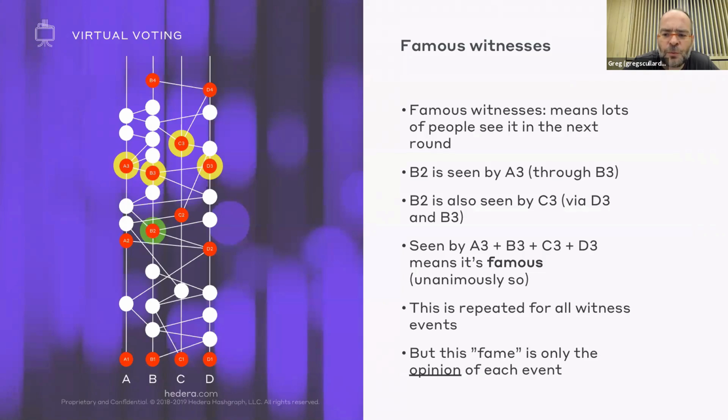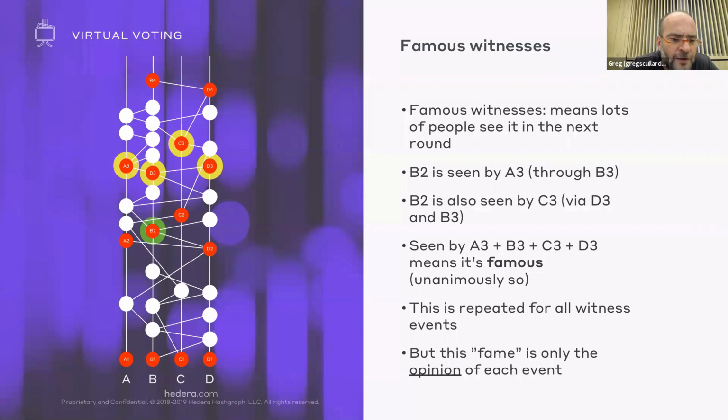All witness events in round 3 can see B2, so it's a unanimous yes from a famous witness point of view. But the fame isn't confirmed by majority yet. It's only determined by individual events. So we now need to count votes to finally determine if B2 is really famous. And this is done in round 4.